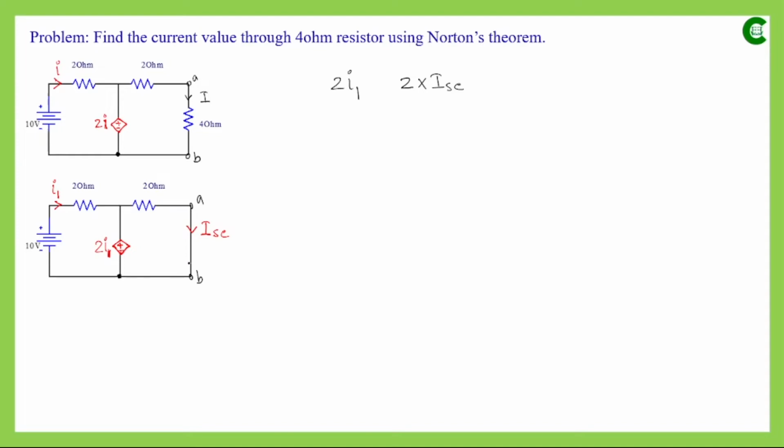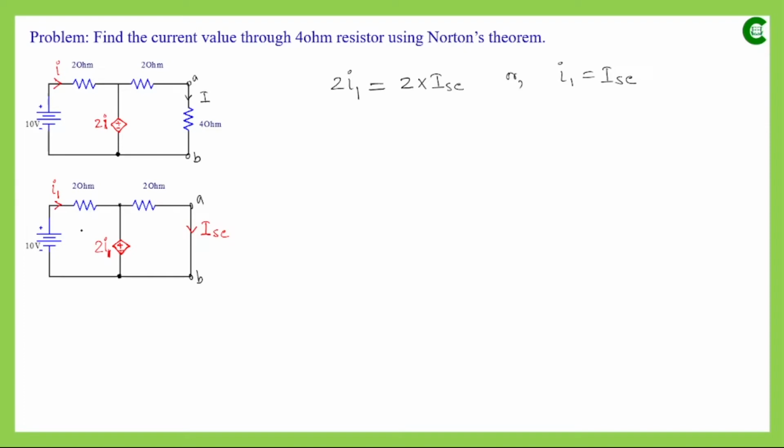Since these two components are connected between these two terminals in parallel, the voltage drop across this 2 ohm resistor and the voltage of this voltage source will be equal. So we can write 2I1 equals 2ISC, and from this equation we can conclude that I1 will be equal to ISC.